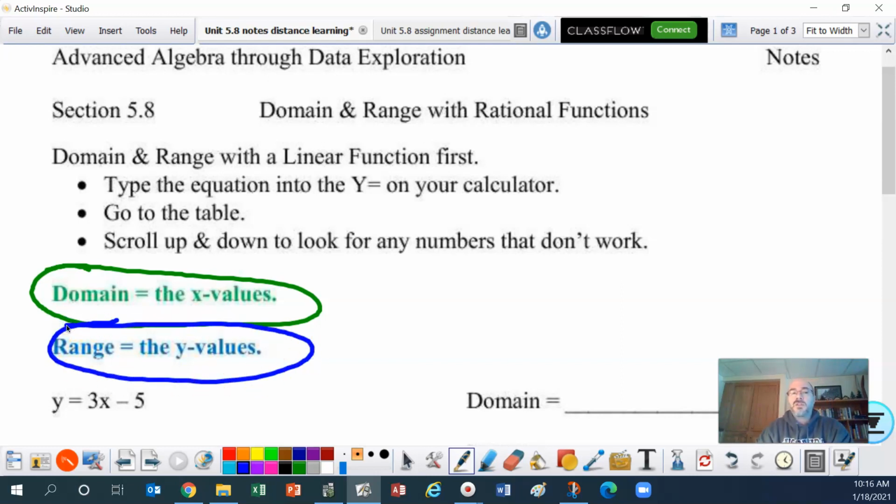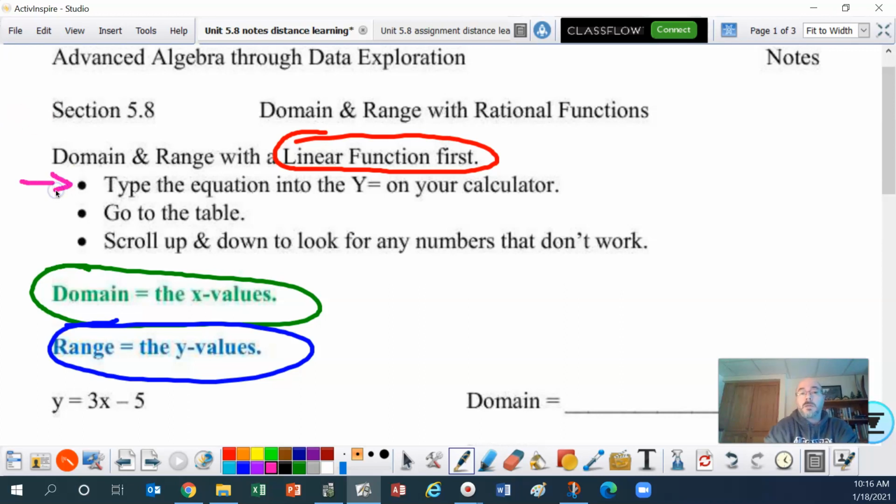All right, so we're going to start off by looking at a linear function first. You've been working with linear functions for quite a while. So we're going to take advantage of our calculator.